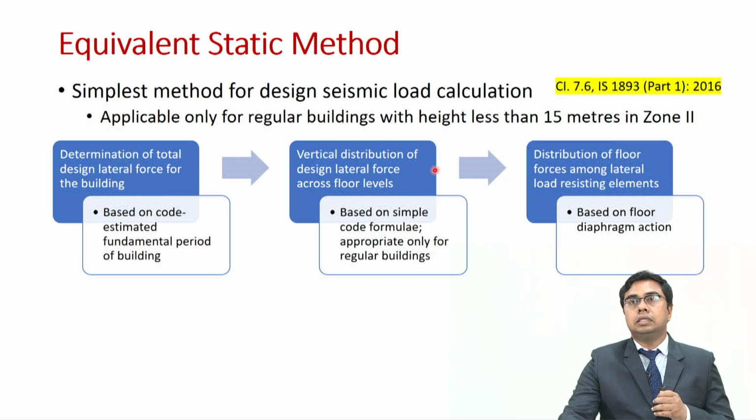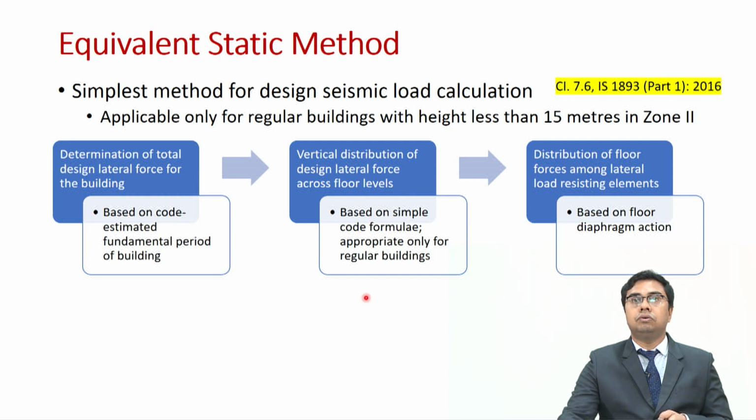After obtaining the vertical distribution of design lateral force, that is the floor forces, we distribute those floor forces among various lateral load resisting elements. This is based on floor diaphragm action. So, we will look into these 3 steps one by one.